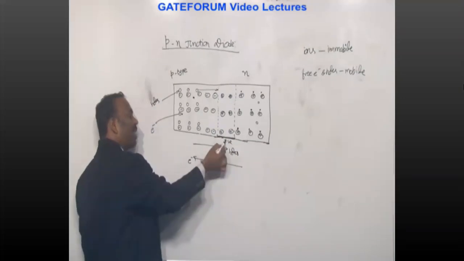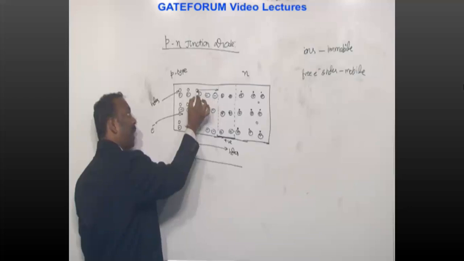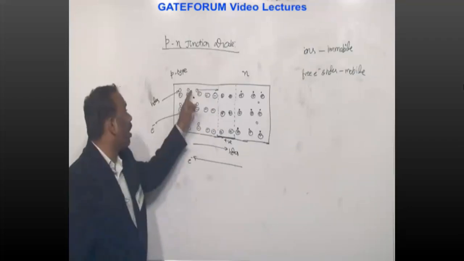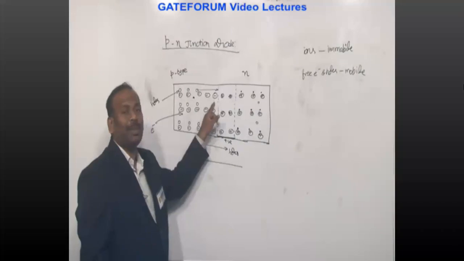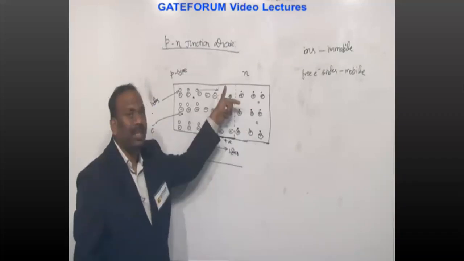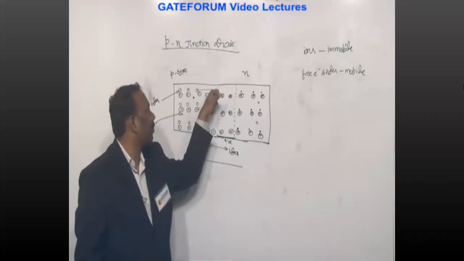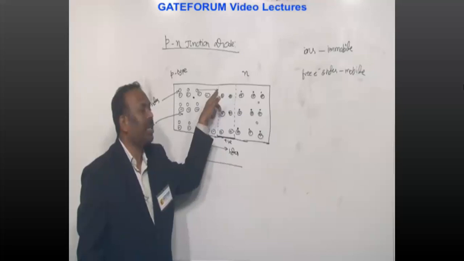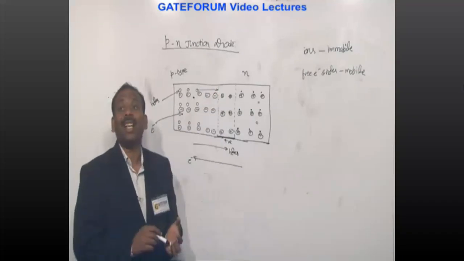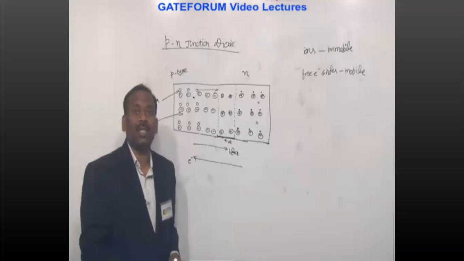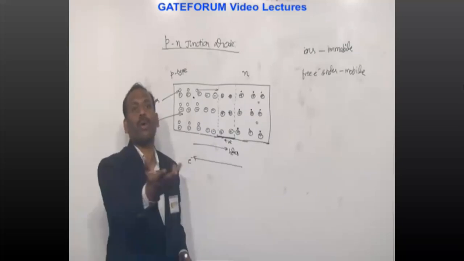This positive charge is now sufficient to repel the positive hole. The hole will move freely from here to here, because here there is negative charge, and it will be attracted in this direction. It comes here, but once it comes nearer to the junction center point, this positive charge is sufficient to repel the positive hole.